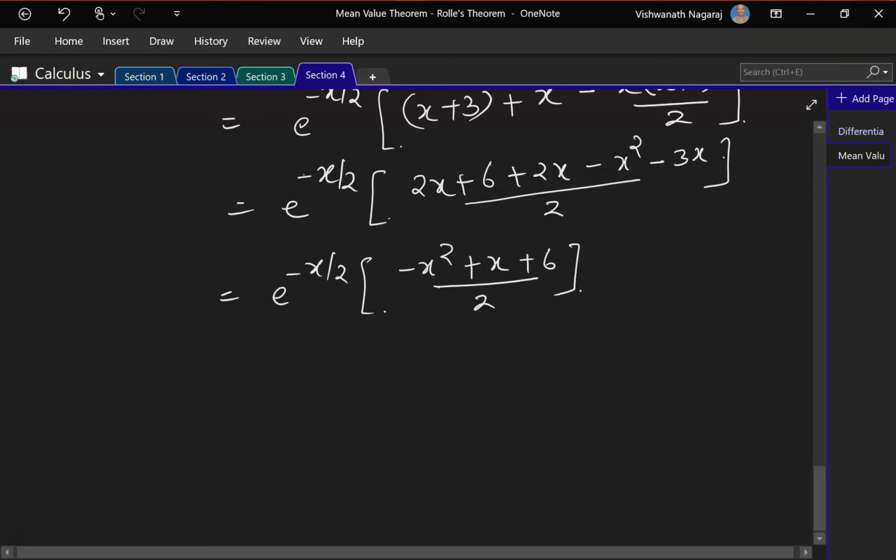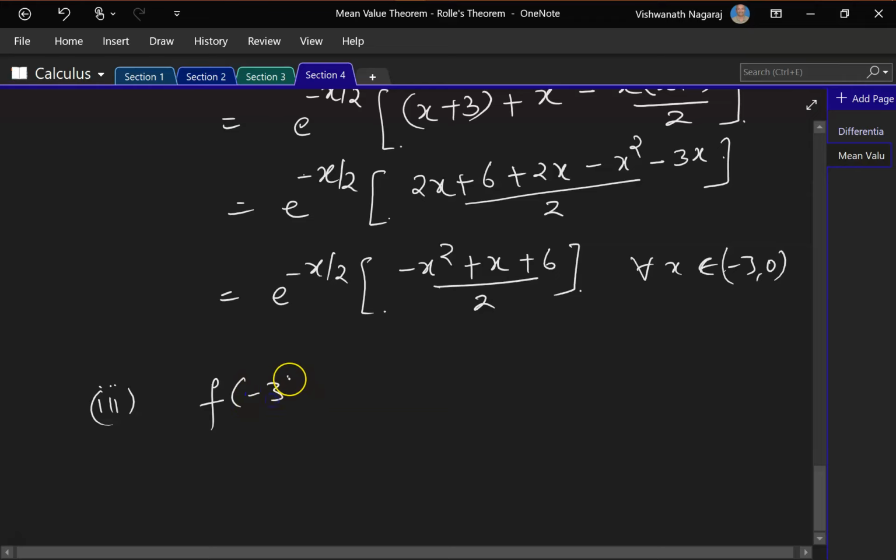Okay, so we know it is differentiable for all x belonging to minus 3 comma 0. Now the third condition is f of a is equal to f of b.